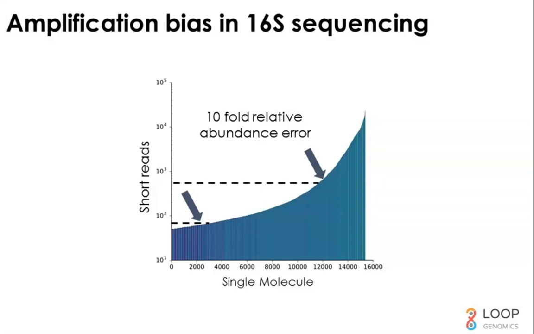I think it's safe to say that every PCR we've ever done looks like this, and this is probably the case for all of you that are doing PCR reactions. Some molecules get amplified very fast and some get amplified very slow. So that's just, I guess, the final point that I wanted to make regarding the advantages of Loop long read sequencing compared to other long read sequencing methods.